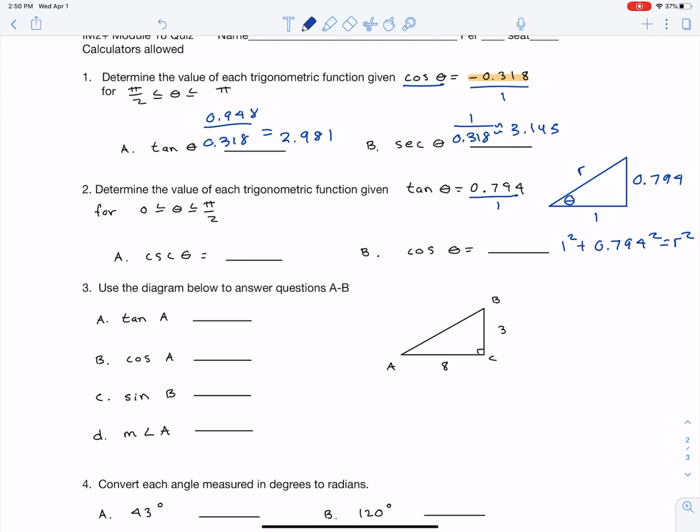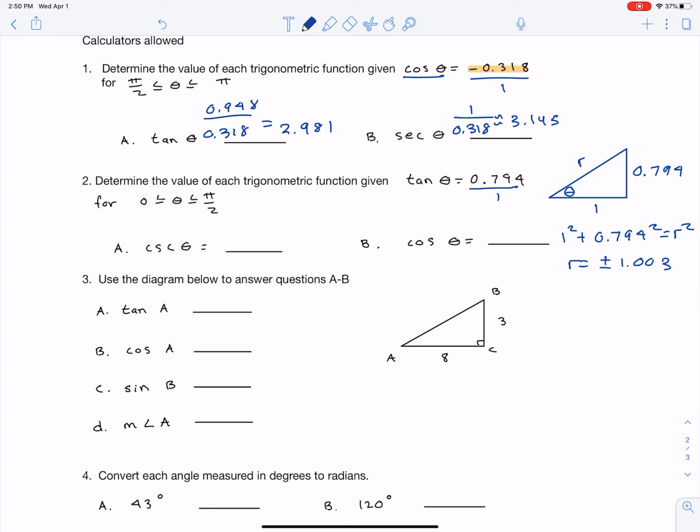And I get r equals plus or minus 1.003. But again, I want the positive root. Nope, I plugged it into the calculator incorrectly. Let's try that one more time.